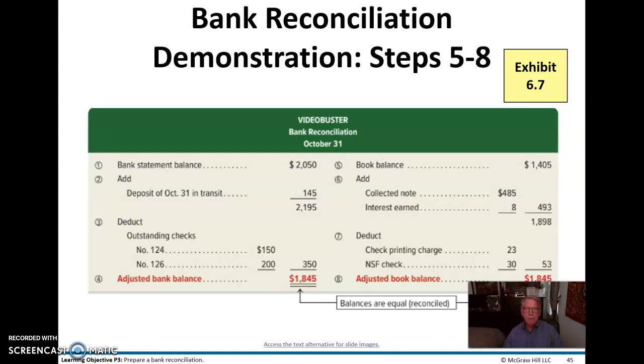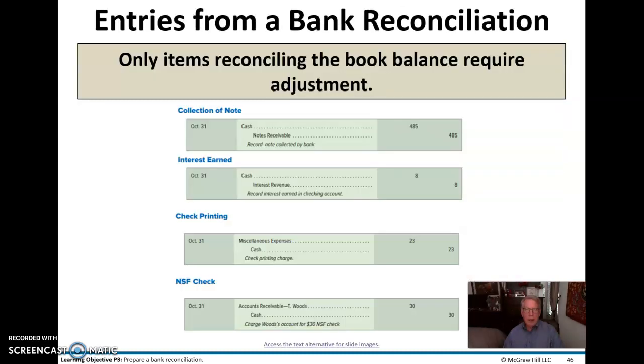Okay. And here are those entries. The notes that the bank collected, we're going to debit. You'll notice that all of these entries here involve cash. Cash is either going up or going down. So in the case of collecting the notes, the cash went up.